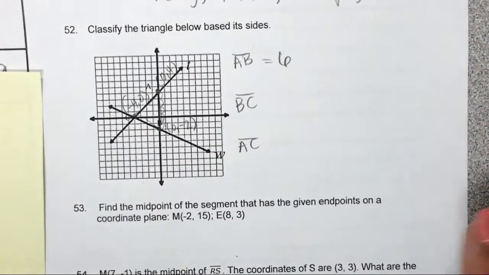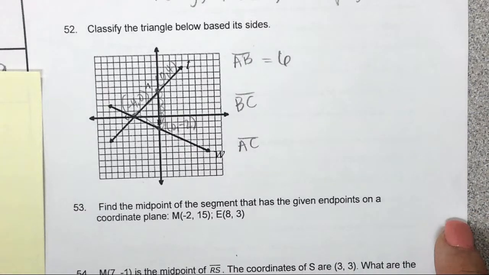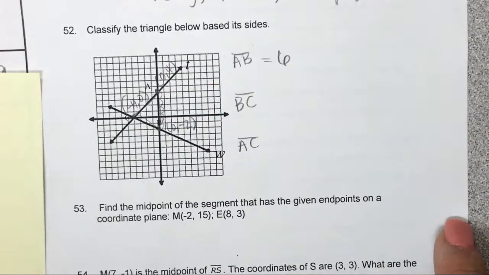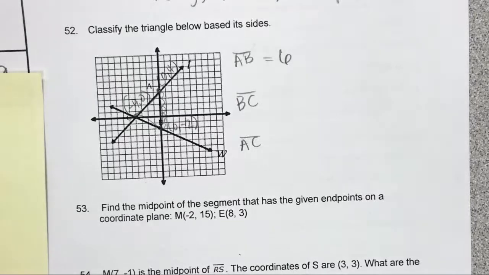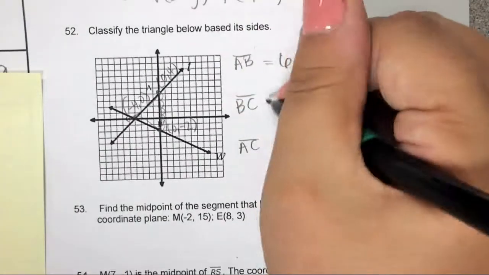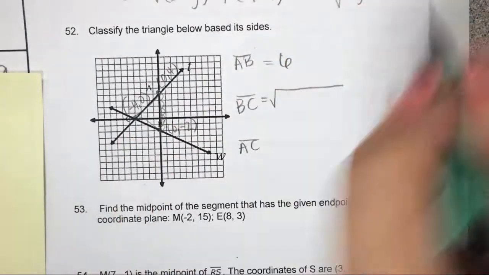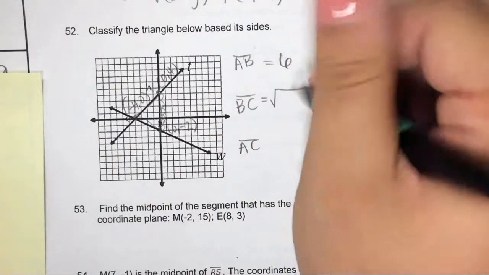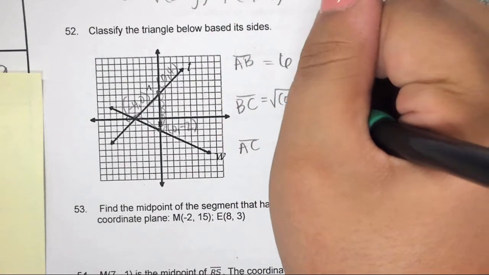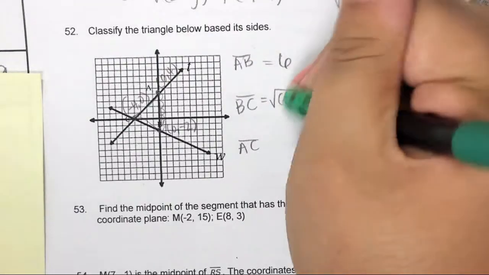So I would just do what? How would I figure out what kind of sides they have? Distance formula. And we've done this a bunch, so I'm just going to do this.